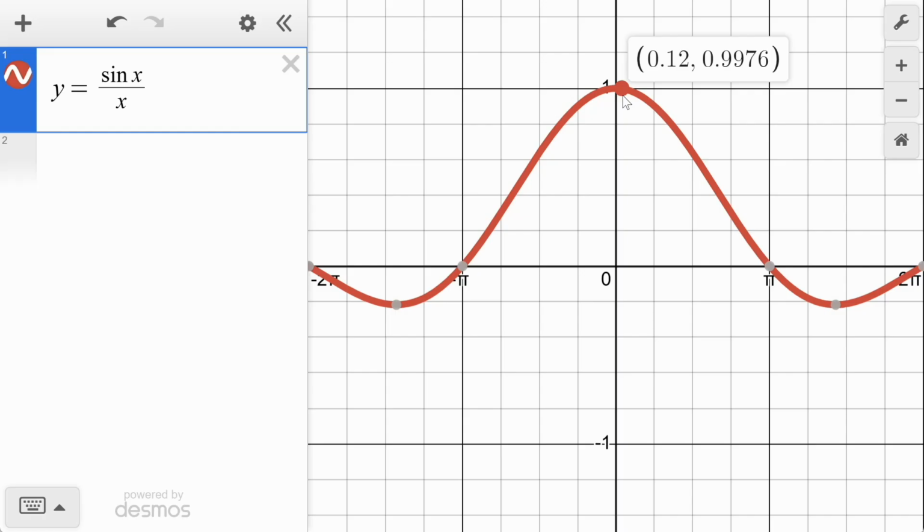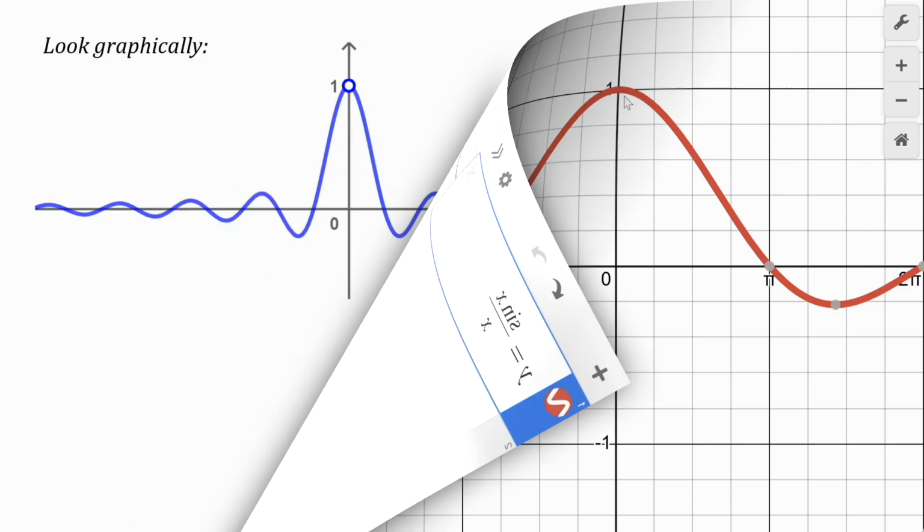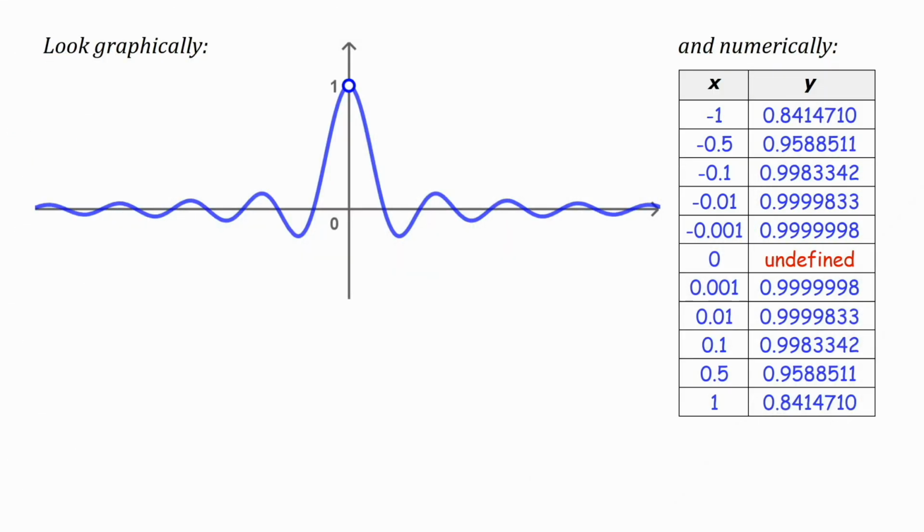Let's go look at the graph and a table that we can write on and talk about a few more things. So there's the graph that we saw, although I've drawn it here with that open circle at the top to say that it's undefined there. What we saw is that as the x values got closer and closer to 0, the y values got closer and closer to 1. You see it in that graph.